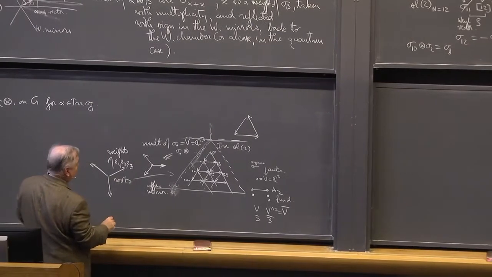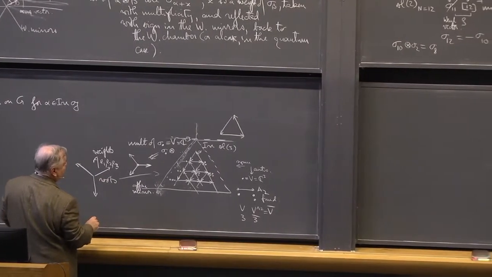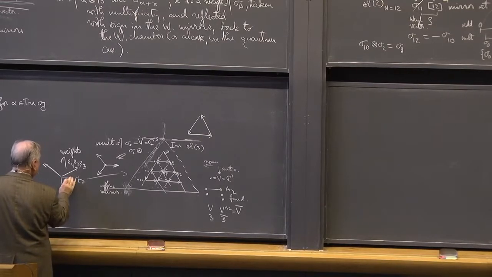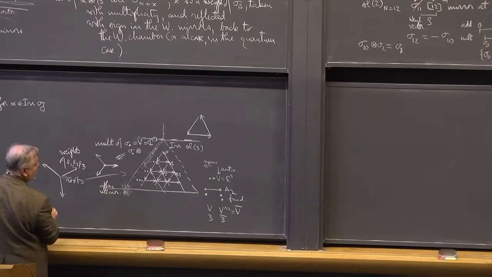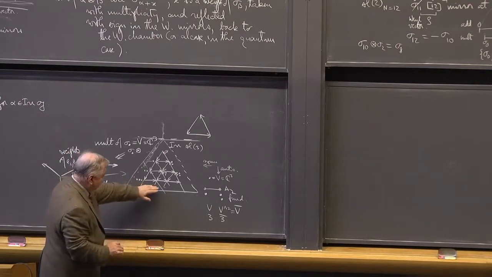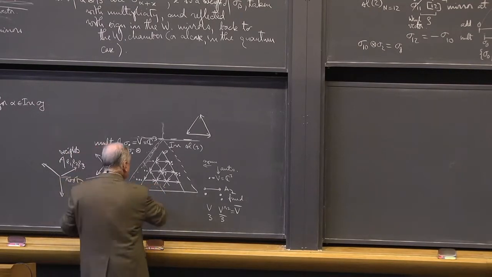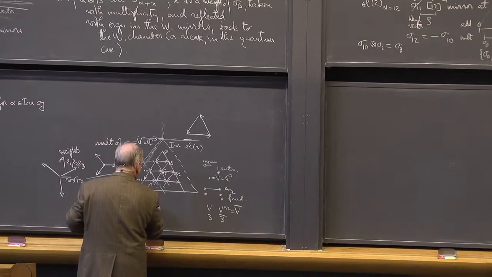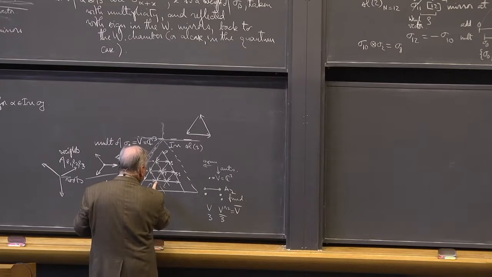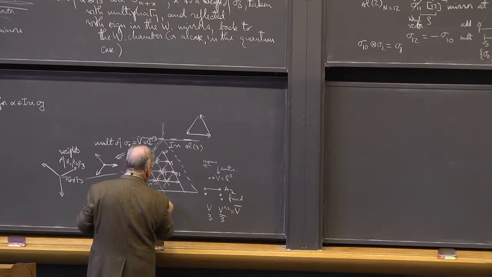Yes, and they're perpendicular to the weights. Now, in this case, this is a graph AN, and there's a question about how to call it. We would call it the graph A3.